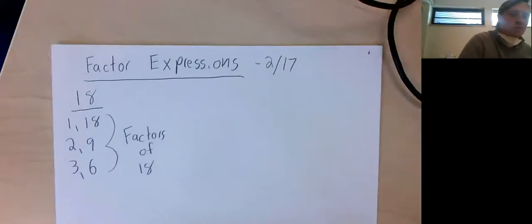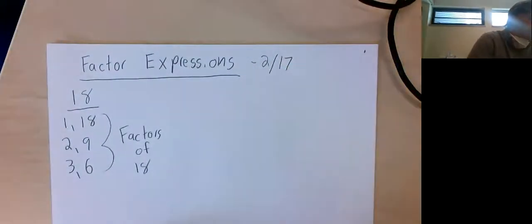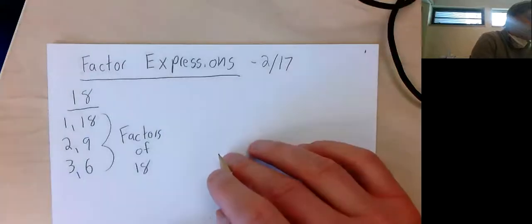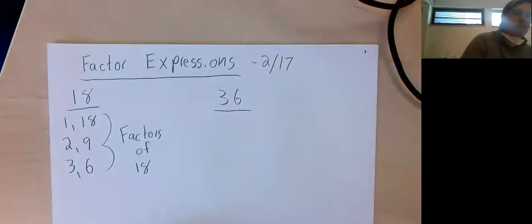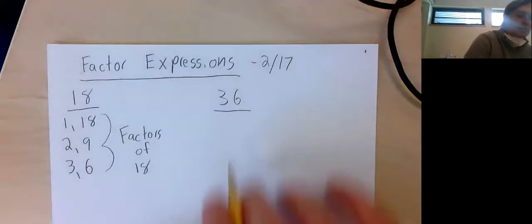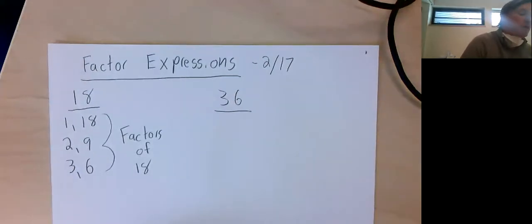Okay, so we're going to start thinking about those numbers with this activity. How about 36? I invite you to pause the video and come up with as many different pairs of factors that get you to 36.